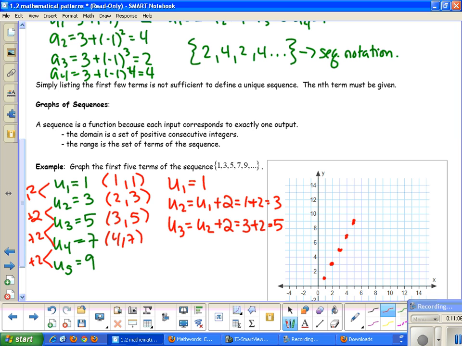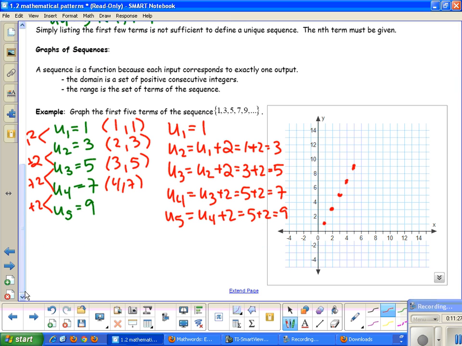which gives me 5. u sub 4 would be equal to u sub 3, my previous term, plus 2. So 5 plus 2 gives me 7, and I could keep going. My fifth term would be equal to my fourth term plus 2, which is 7 plus 2, which gives me 9.